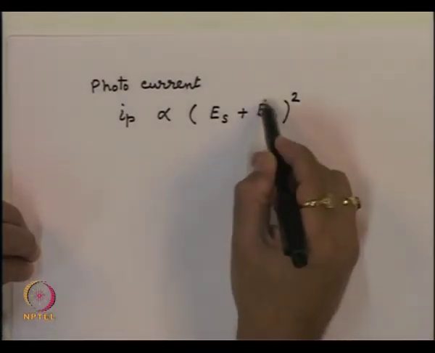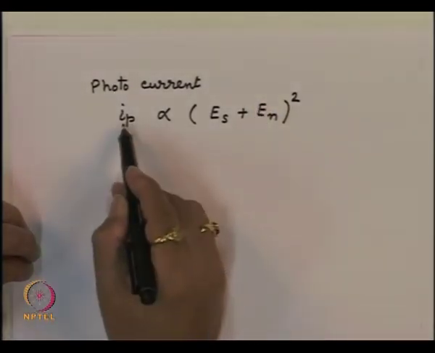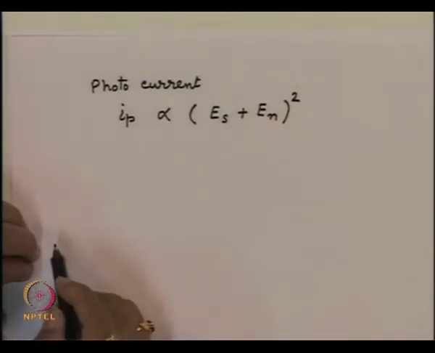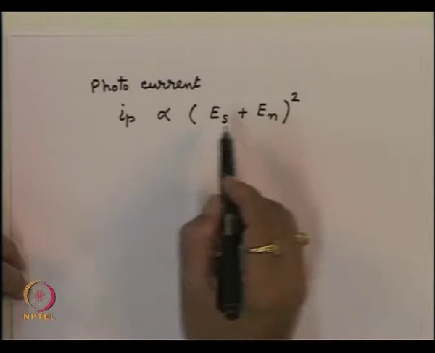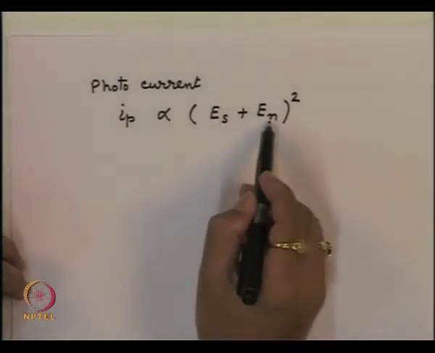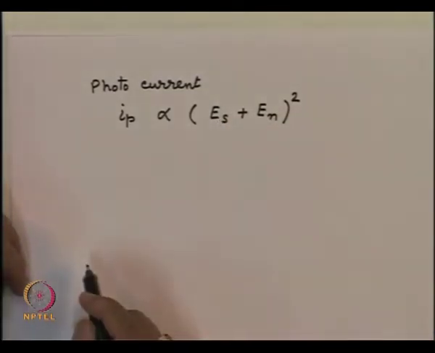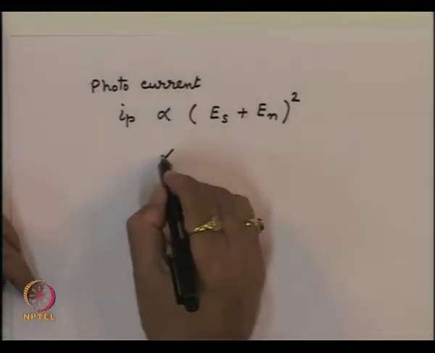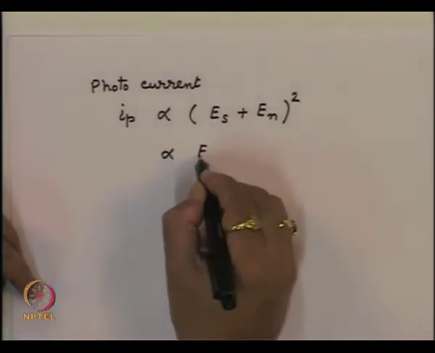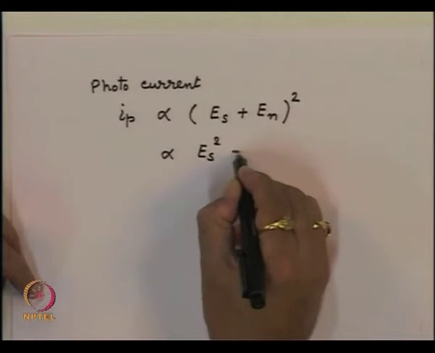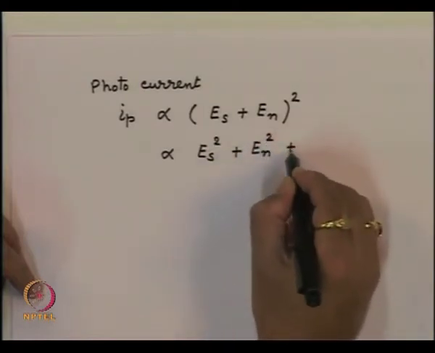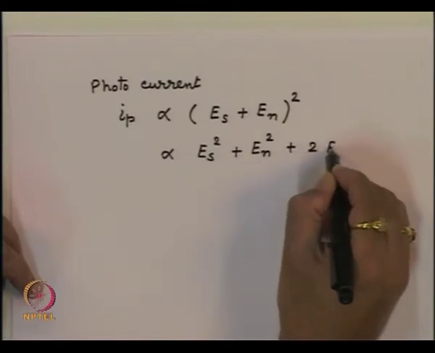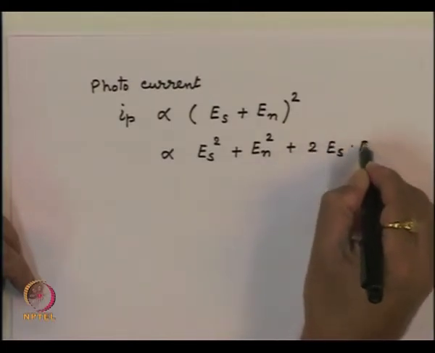In the absence of noise, the photocurrent is proportional to E signal square, which is the power in the signal. But now IP is proportional to the sum of the electric fields of the signal and the noise. Therefore, this is proportional to Es square plus En square plus 2 times Es En.